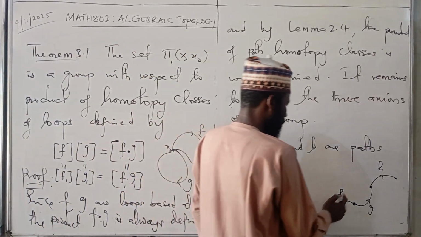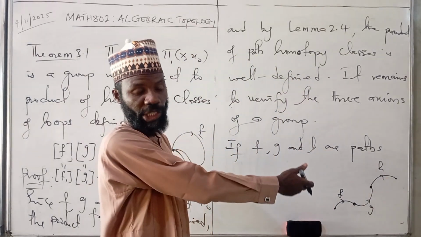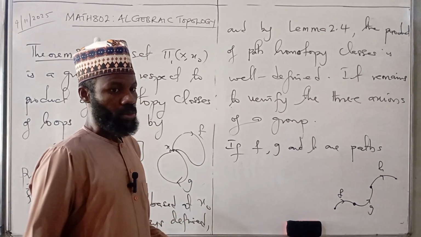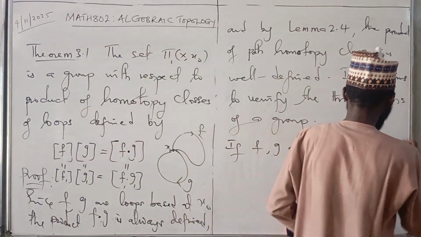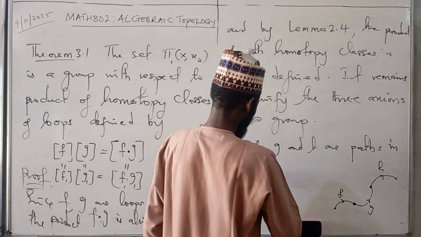So we'll show that associativity holds for any configuration of paths like this, generally, not necessarily looking at loops.